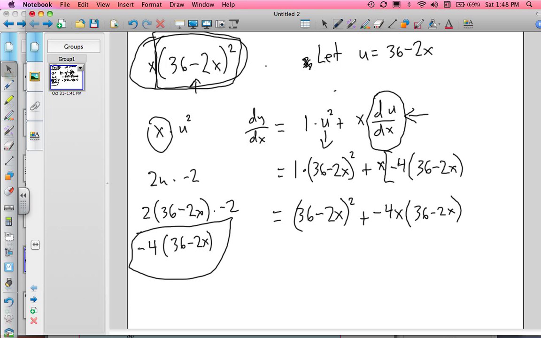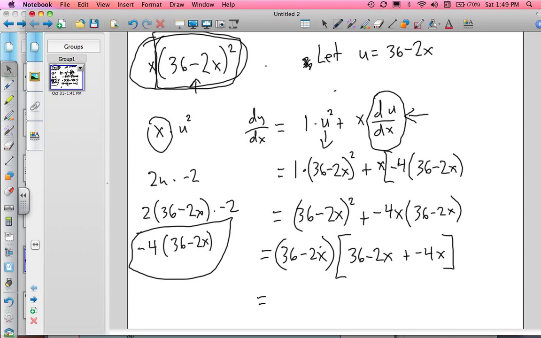Alright. Now we can actually factor out a (36 minus 2x), because there are two of them here and one here, so you end up with (36 minus 2x) times ((36 minus 2x) plus a negative 4x).